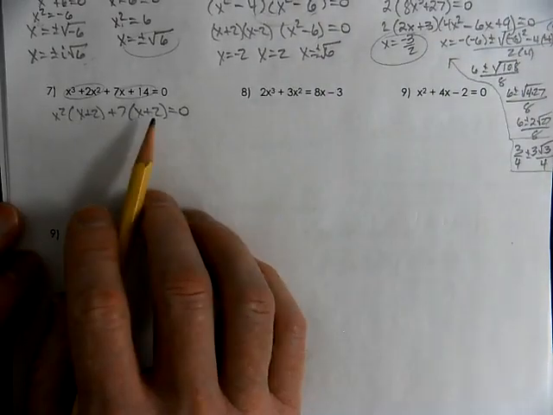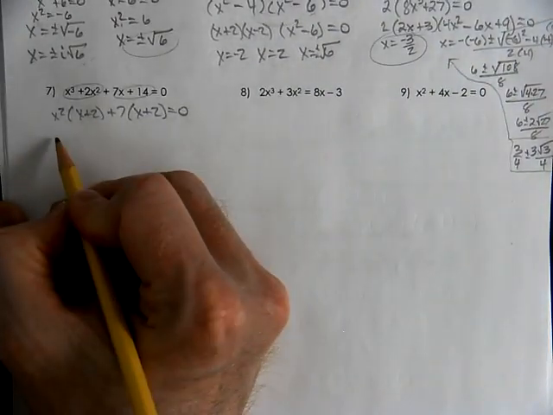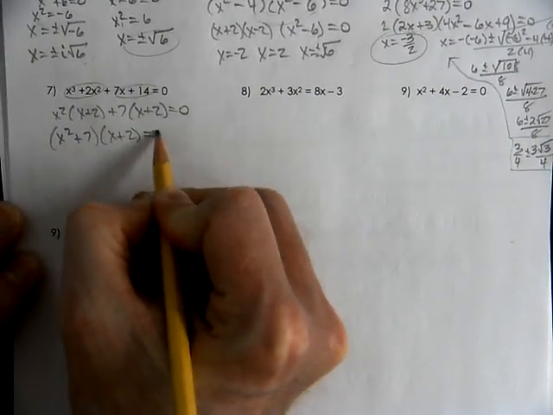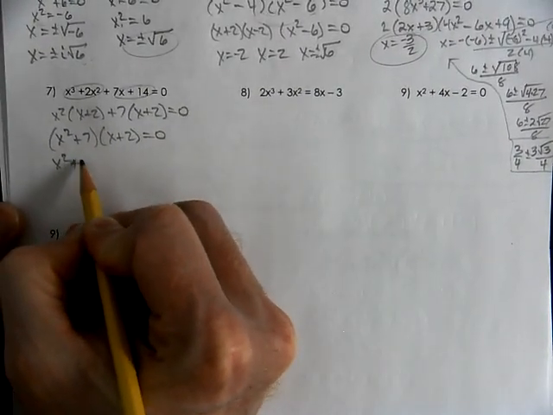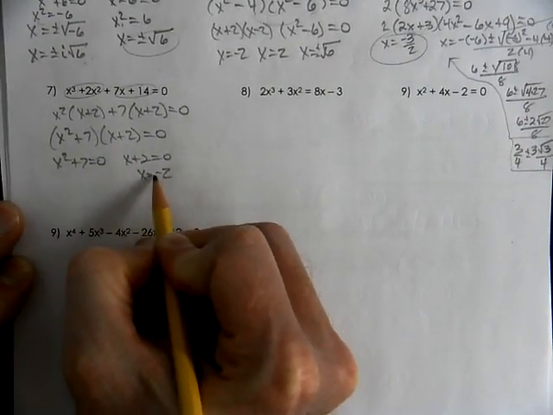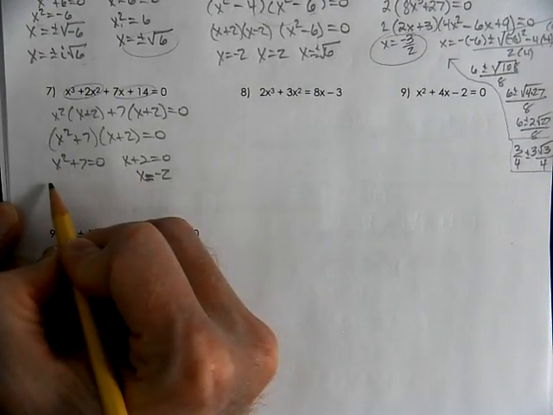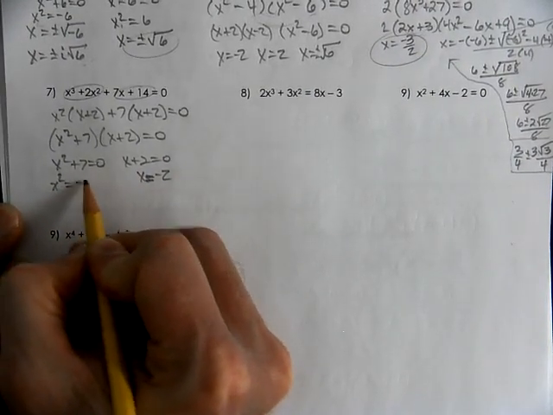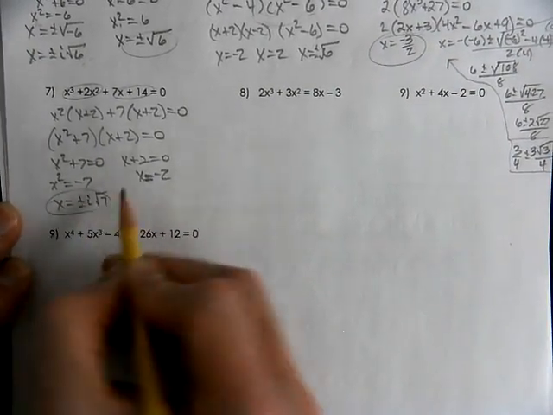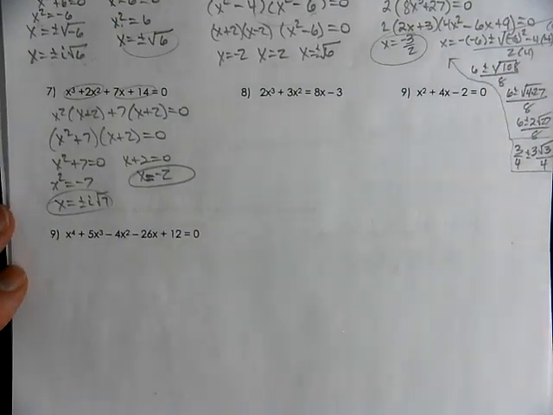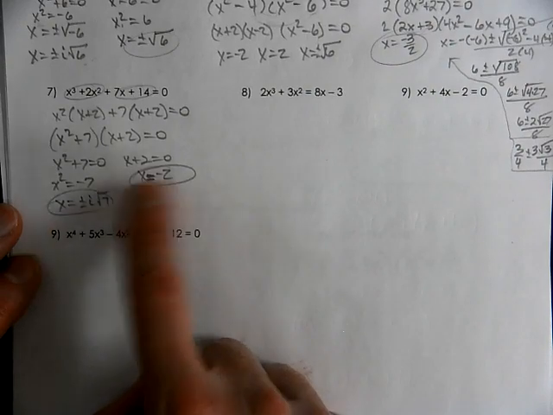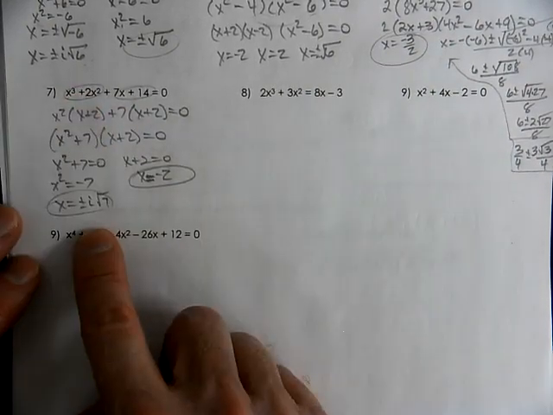And because what's inside my parentheses is exactly the same, looks like I have 1 real answer and 2 imaginary answers. That's a total of 3.